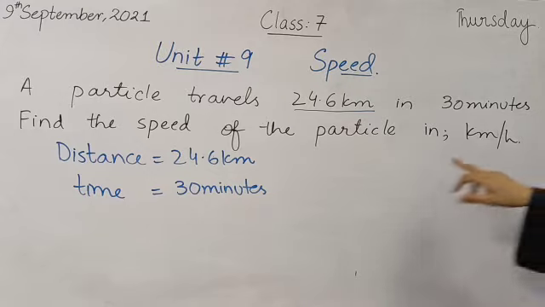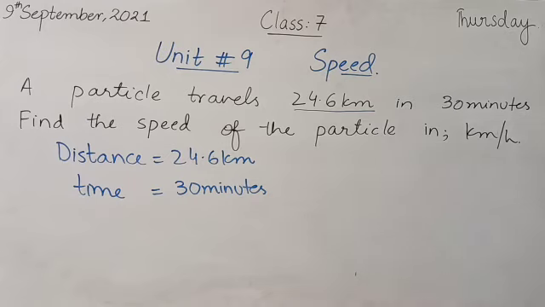Here we have distance in kilometer and time in minutes. So first of all we need to convert minutes into hours. So what will be the conversion factor? What will you do to convert minutes into hours?